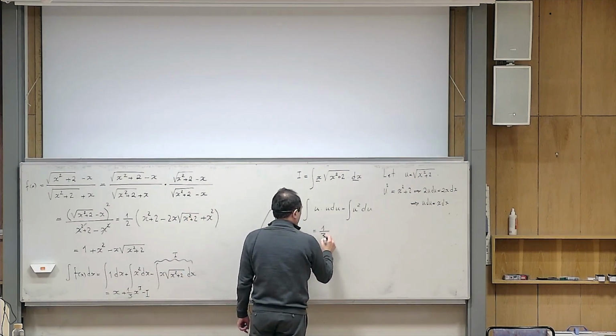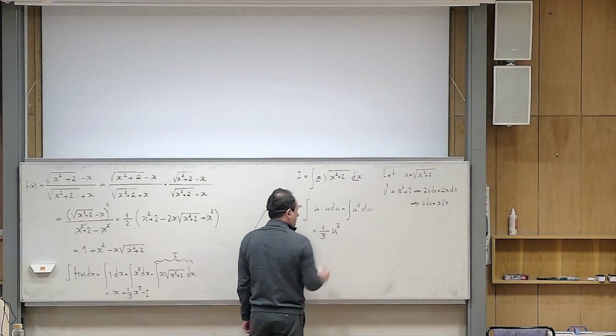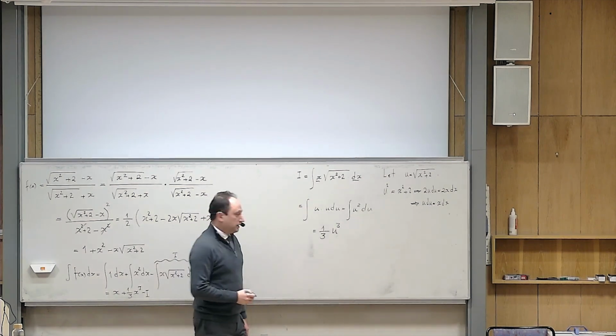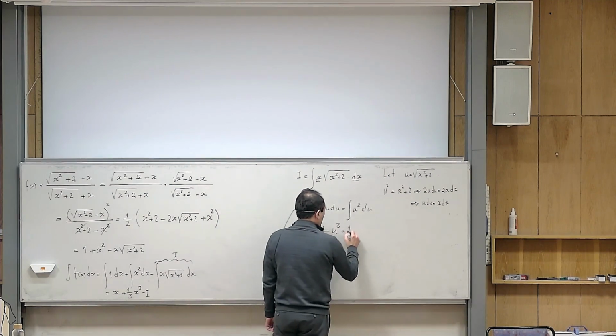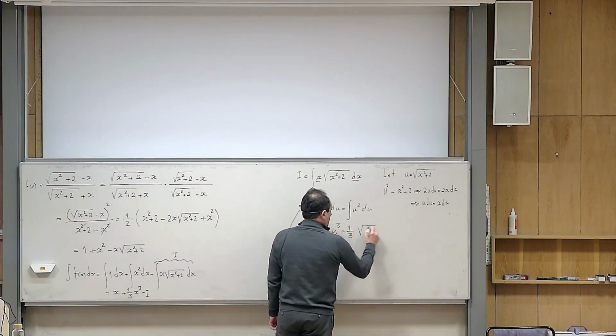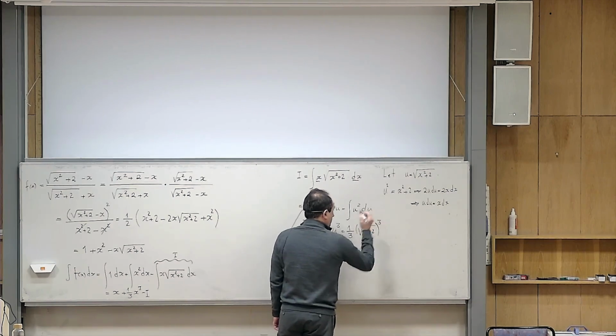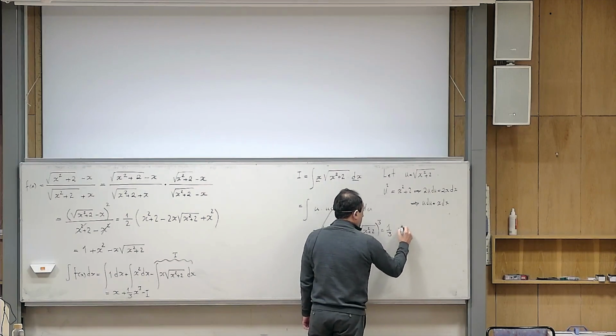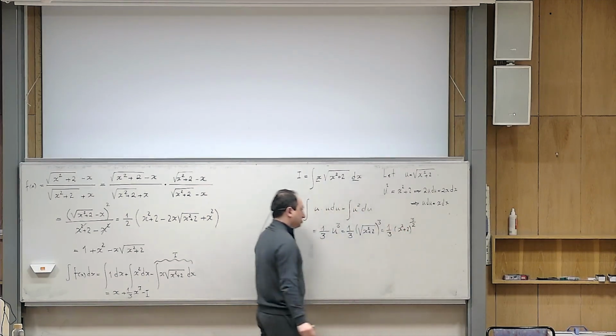This becomes 1/3 u cubed. And now I replace u with my original variable. So this becomes 1/3, the square root of x squared plus 2, to the power of 3. And if you want to, you can write it as 1/3 times x squared plus 2 to the power of 3/2.